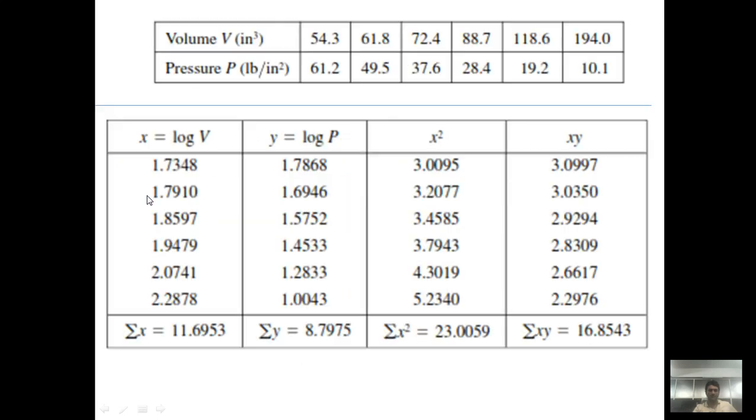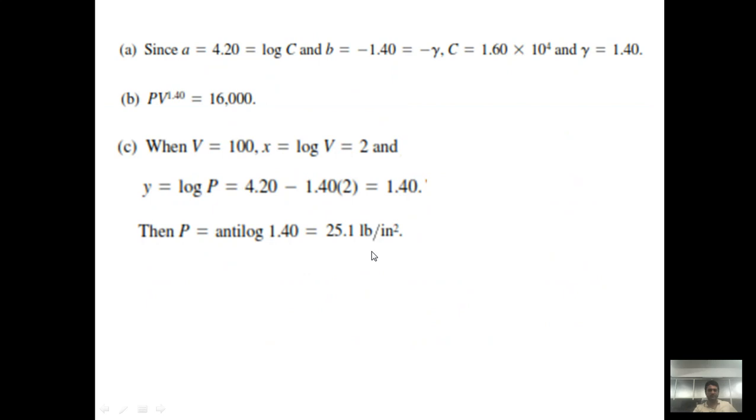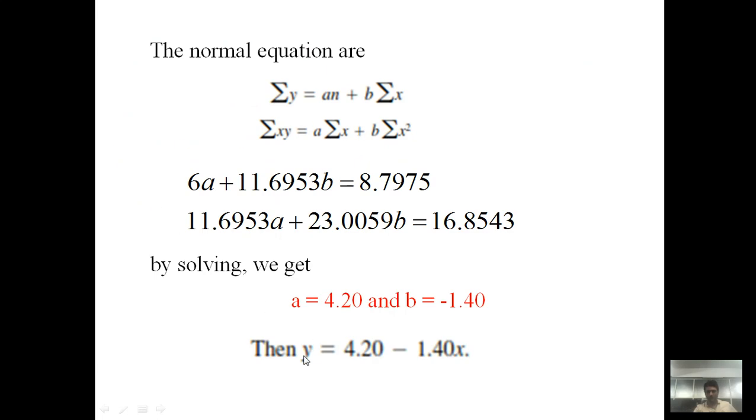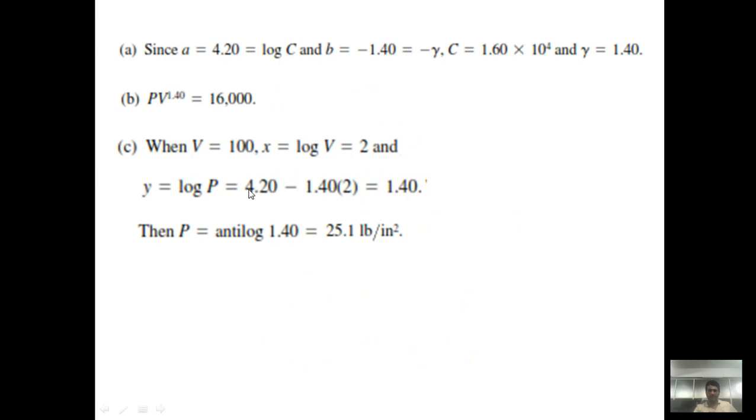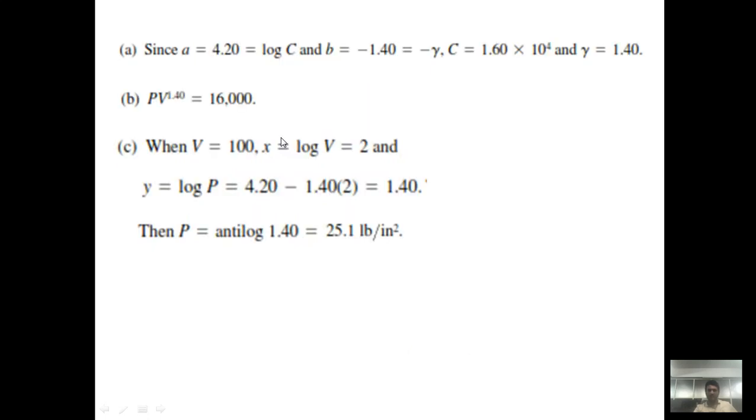Now also there is the transformation log of P is equal to Y. But what is Y? We have to find out. So Y is equal to 4.20 minus 1.40x. The last term is x, and we calculated the value of x is 2. So we plug in x is equal to 2, so 4.20 minus 2 into 1.40.